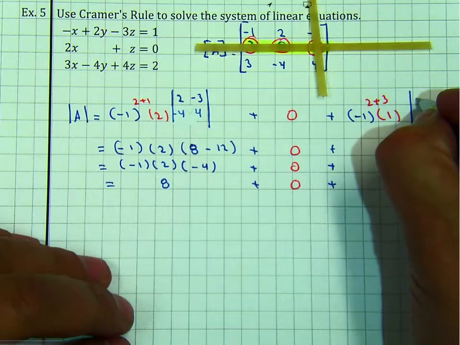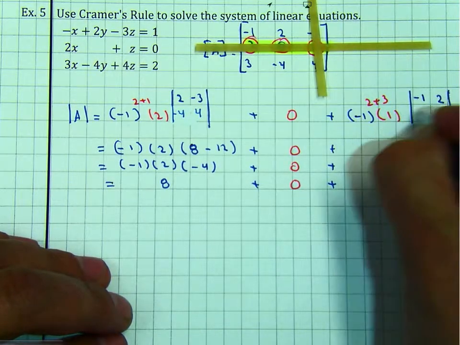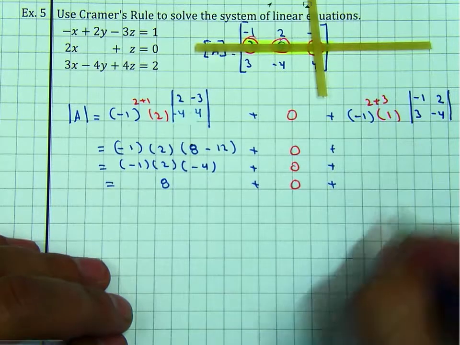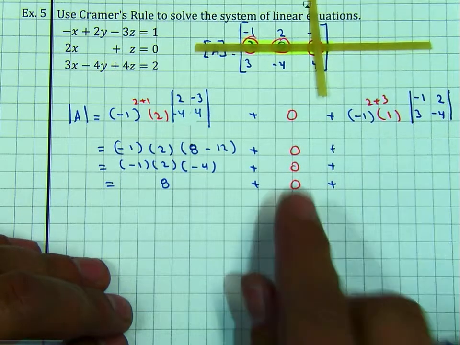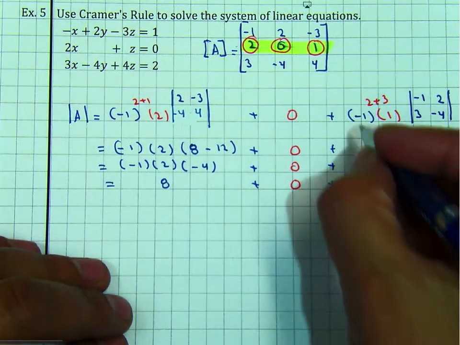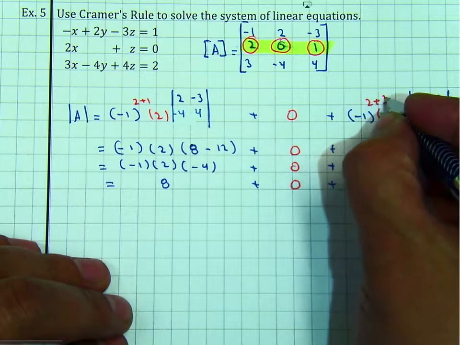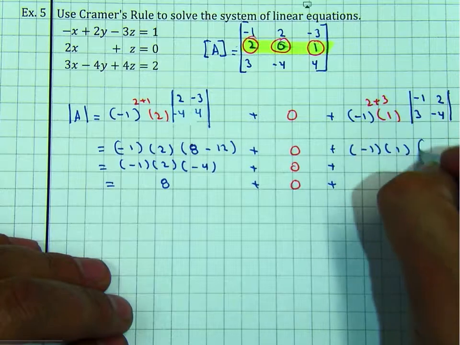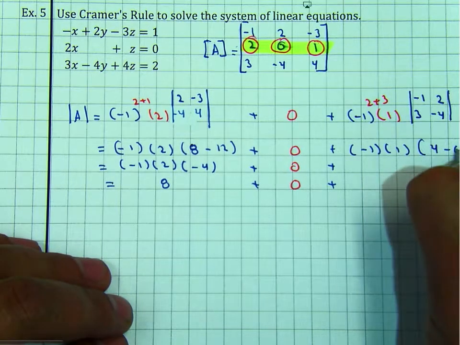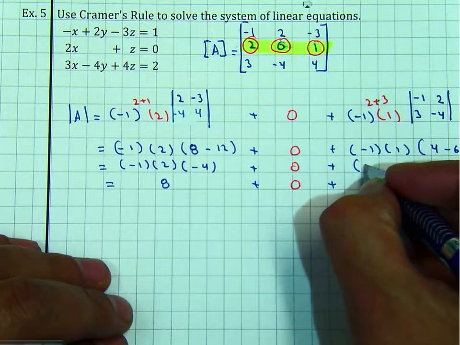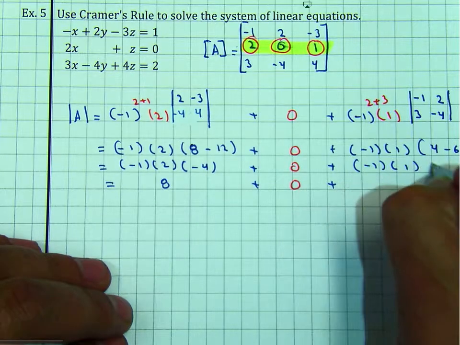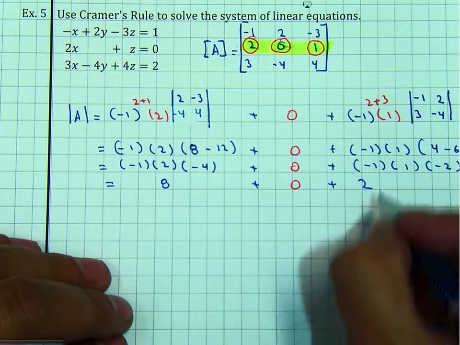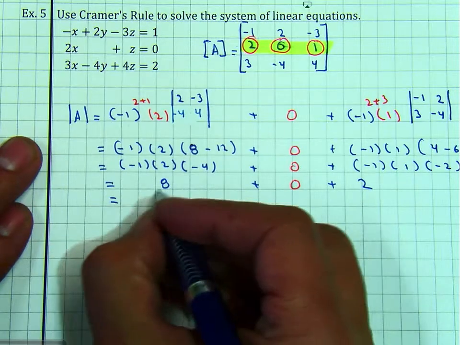So therefore, it'll be negative 1, 2, 3, negative 4. And now I can simplify this. Negative 1 to the fifth power will be negative 1 times 1. This will give me positive 4 minus 6. This is negative 1 times 1 times negative 2 will give me positive 2. So therefore, that'll be 10.